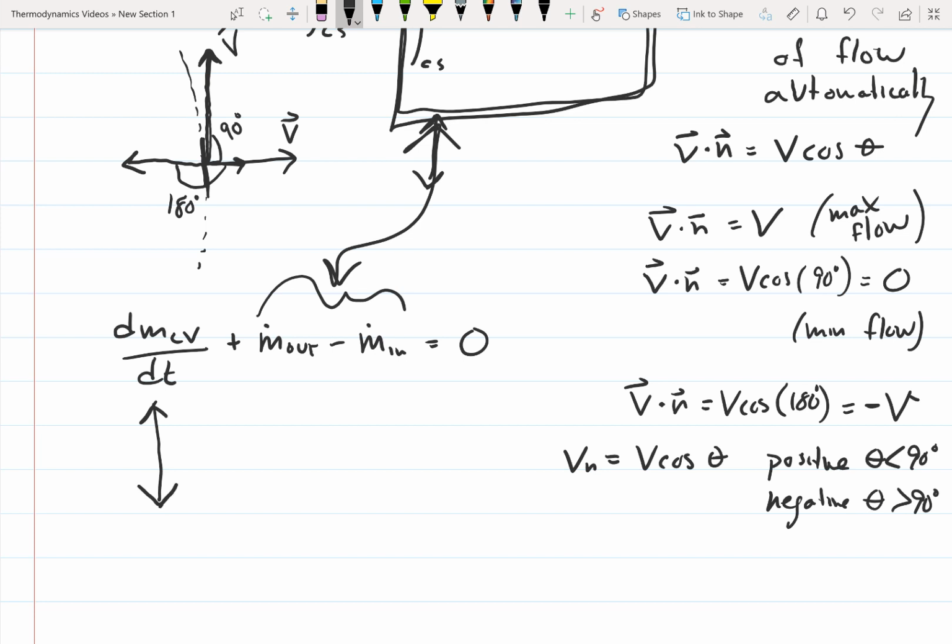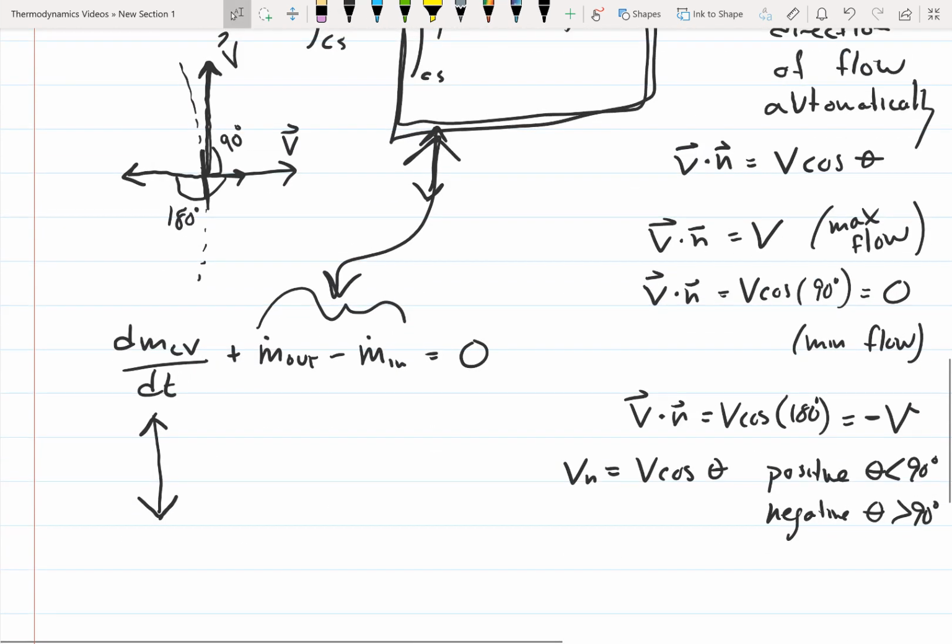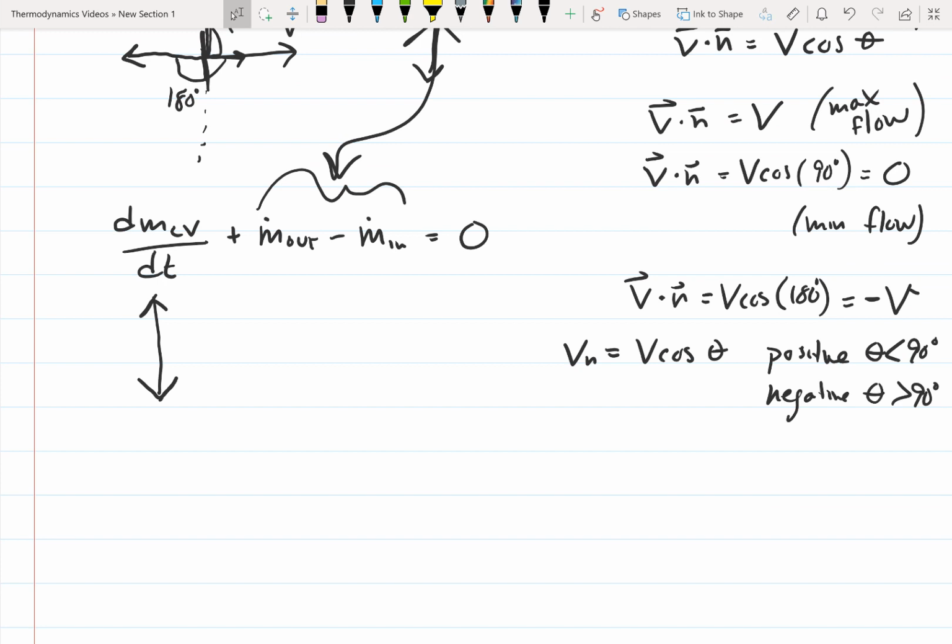So if we have mass flow into or out of the control volume, say there's more mass flowing into the control volume than what's flowing out, then the mass in the control volume is going to be changing with time. Let's go back to this equation we've already seen.